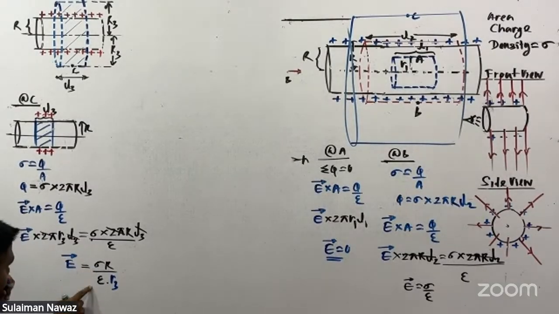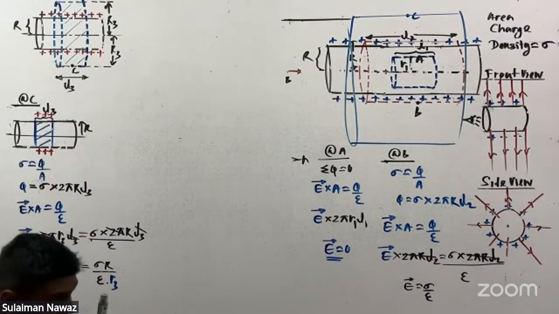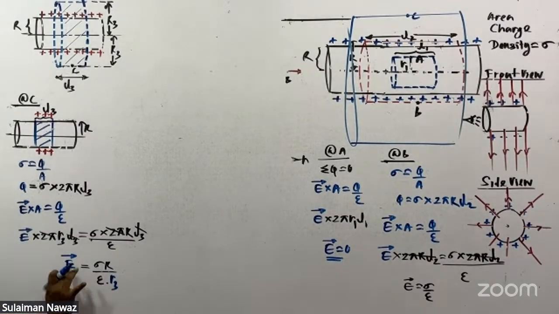Remember in this equation, sigma is a constant, epsilon is a constant, and the radius of the hollow conductor cylinder is going to be constant, unless you change to a different cylinder. So the intensity varies with the distance. What is the relationship between the intensity at a point outside the cylinder and the distance?